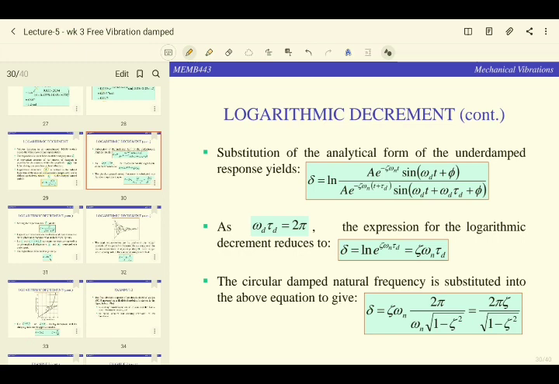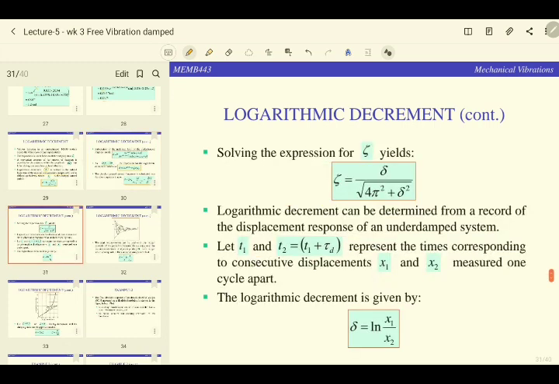Based on this expression, when you have omega d tau d equals 2 pi, the expression reduces to this relationship. The circular damped natural frequency is substituted into the above equation, then you can get this relationship. But don't worry, the main thing is you are also given this form in the list of equations, where you can simplify the calculations if you are given in terms of delta.